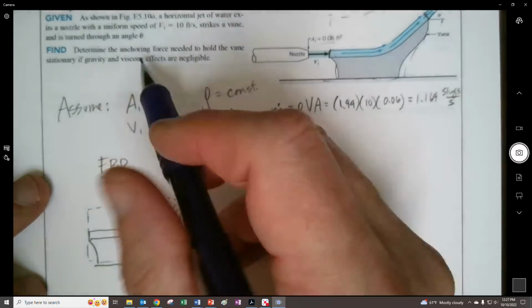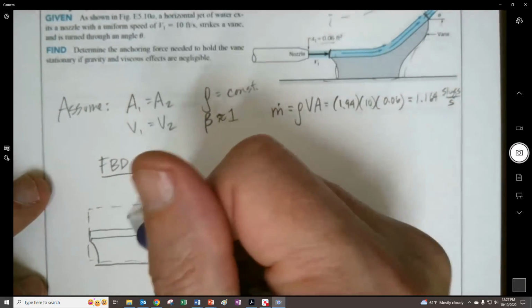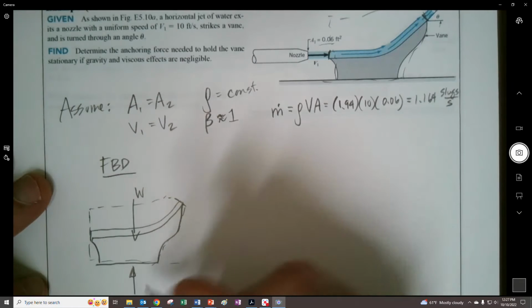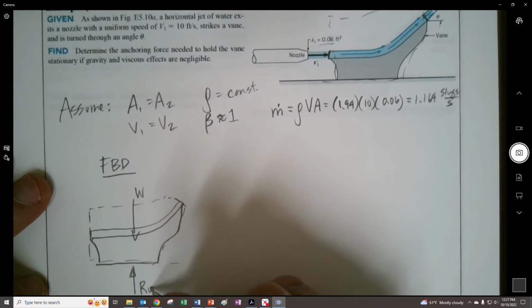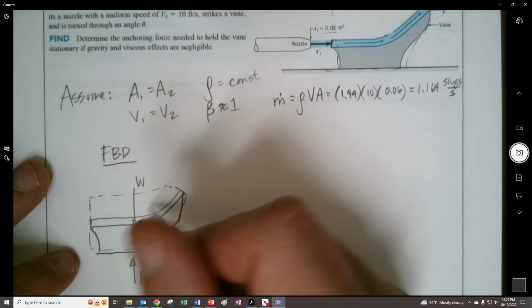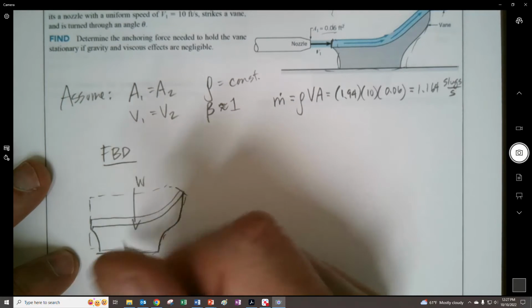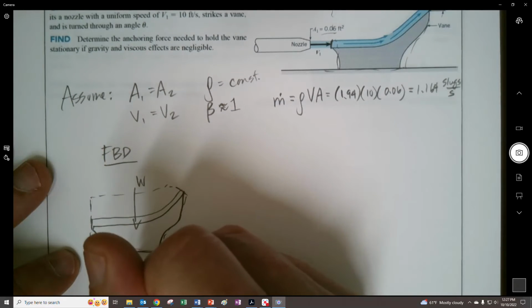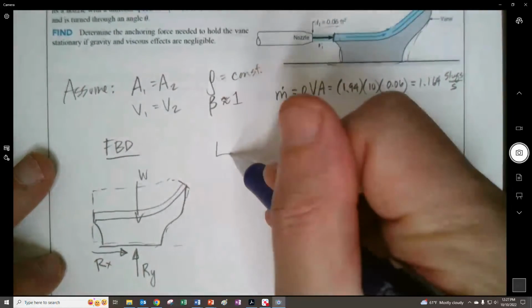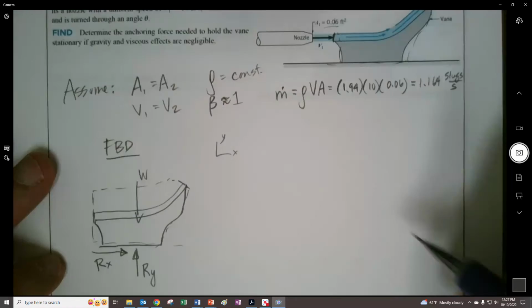They said to ignore the gravity, so I'll draw the weight in here, though. We get the weight coming down. We have the reaction here, we can call that normal force if we wanted to. We don't necessarily know the direction of the reaction, so let's go ahead and put it to the right, because that's what I'm going to decide is my positive right here.